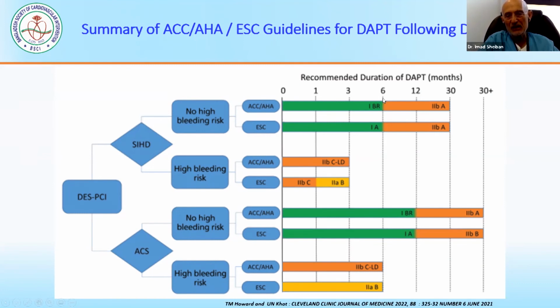That means a 6-month duration should be kept, while in high bleeding risk, this can be shortened safely. We have more support from European guidelines for 1 month than from the American College of Cardiology and American Heart Association guidelines.